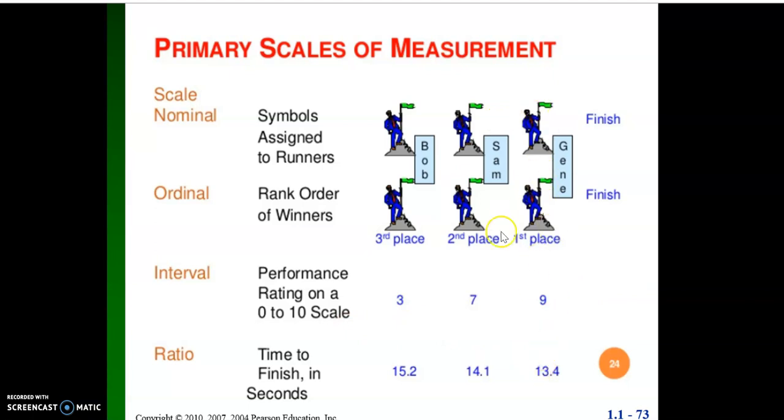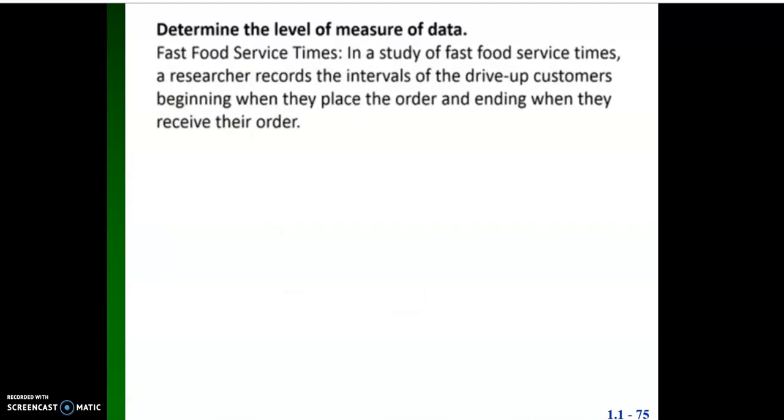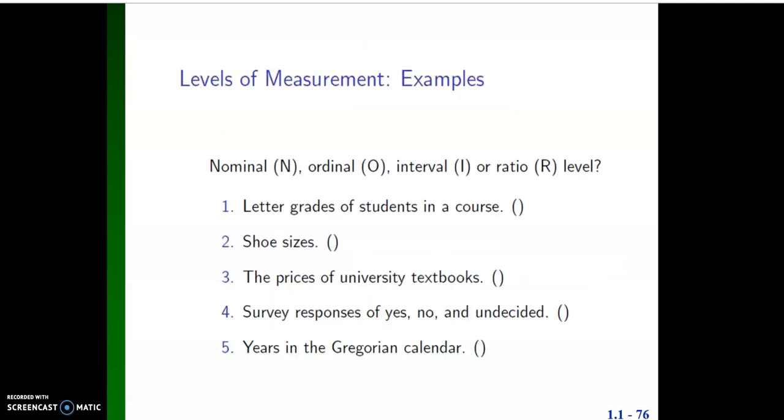You see the same example, how we can categorize to find the solution for that. Right, here are some examples. You can think about the solution for that. What type of measurement level do they go under? More examples.